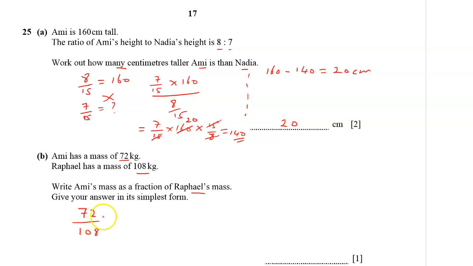You can use long division, or whatever division you need to use. I can do 9. 72 divided by 9 will give me 8. 108 divided by 9 will give me 12. Then I divide by 4, I get 2. Divide by 4, I get 3. Therefore, in the simplest form, it will be 2 over 3. So 2/3 right there.